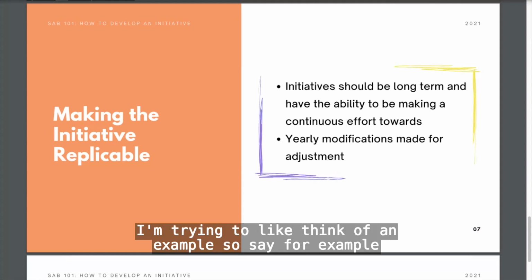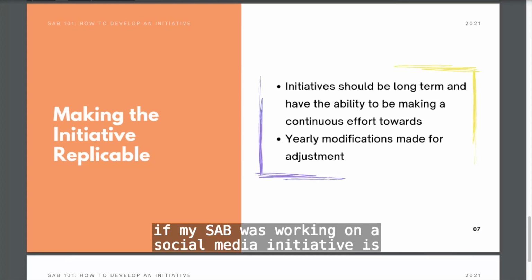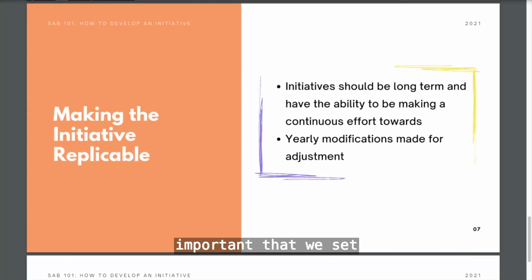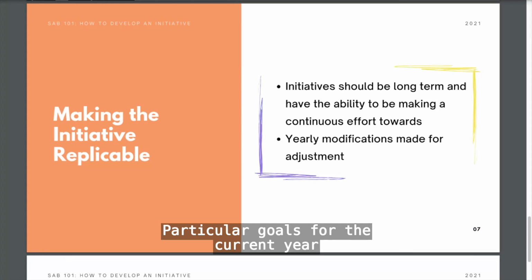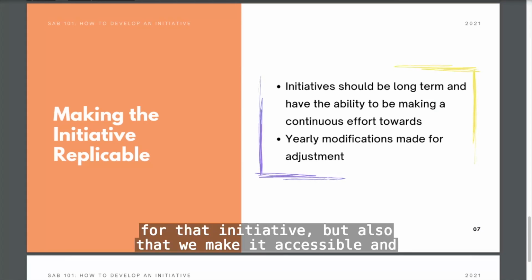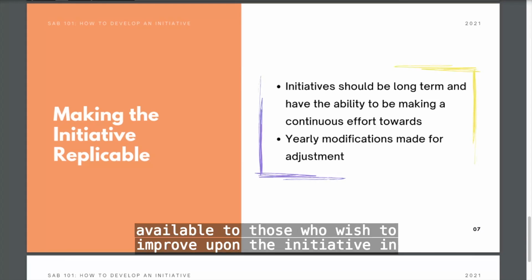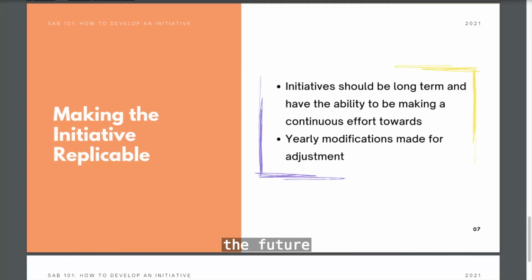I'm trying to think of an example. Say, for example, if my SAB was working on a social media initiative, it's important that we set particular goals for the current year for that initiative, but also that we make it accessible and available to those who wish to improve upon the initiative in future years.